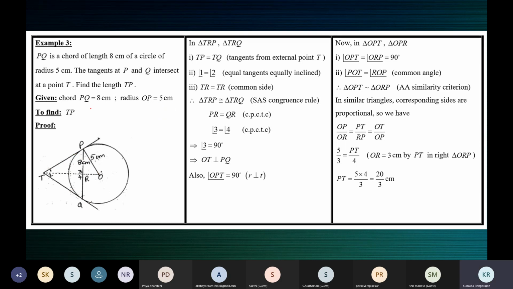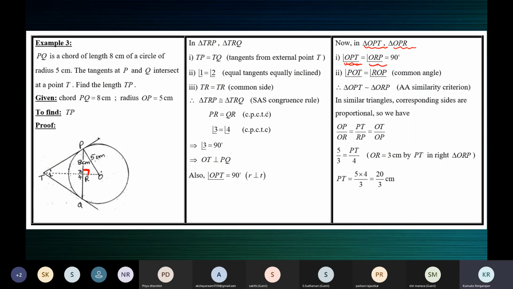See here, children, the big triangle OPT and the small triangle OPR. OPT is 90 because radius and tangent are perpendicular. ORP is 90, and we can prove that. It's very simple.